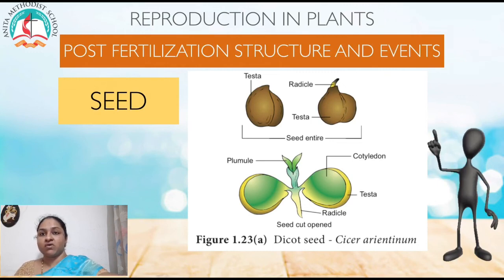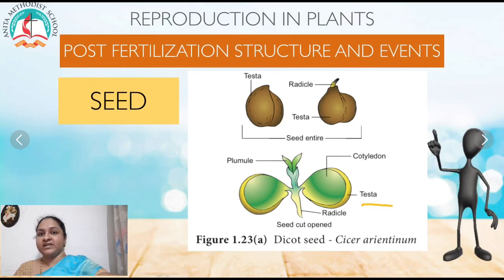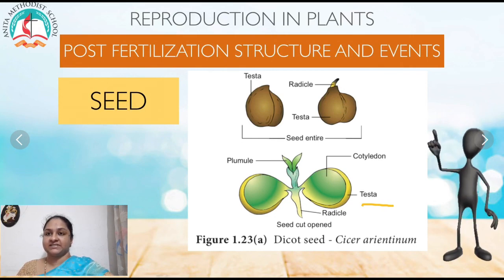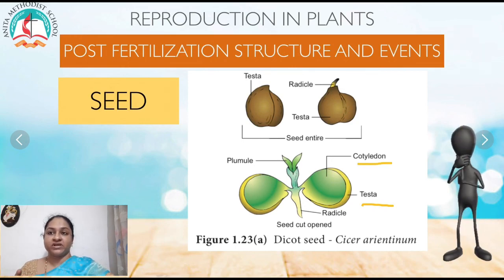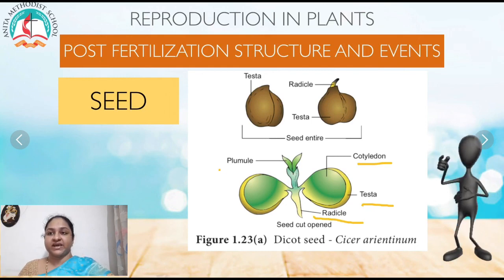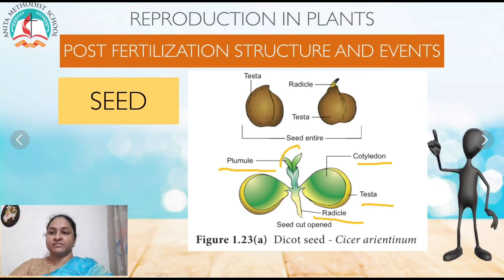The outer coat is called the testa, and the inner coat, the thin membranous part, is called the tegmen. The portion of the embryonal axis projecting beyond the cotyledons is called the radicle or the embryonic root. The other end of the axis is called the embryonic shoot, which is the plumule.